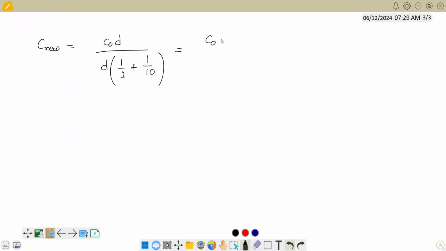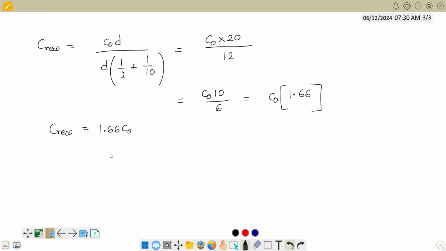So we'll get C naught into, 10 twos are 20, it will go to the numerator, 10 plus 2 becomes 12. So we got C naught into 10 by 6. This value would be 1.66. So we got C new equals 1.66 C naught.